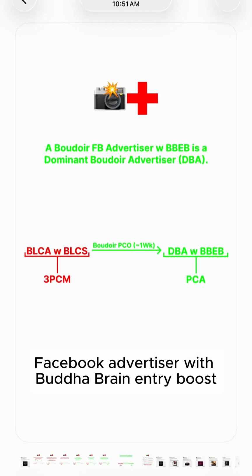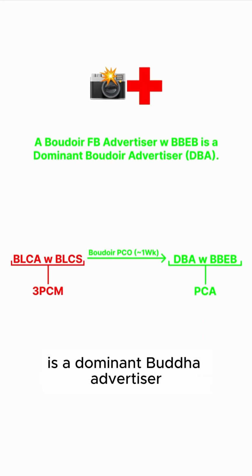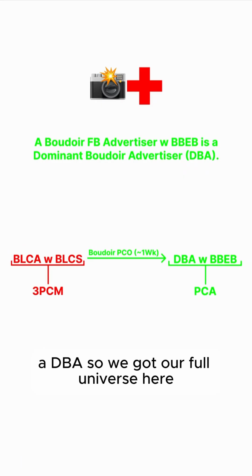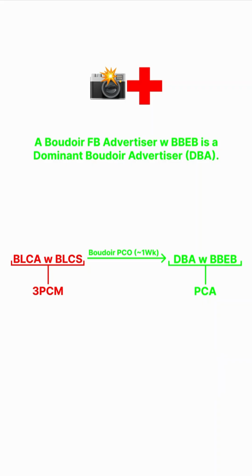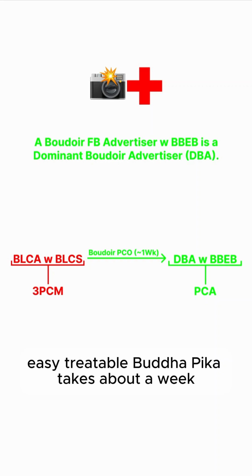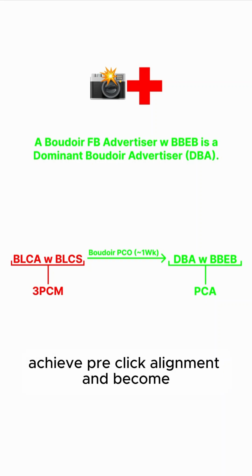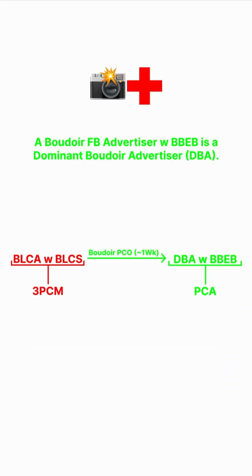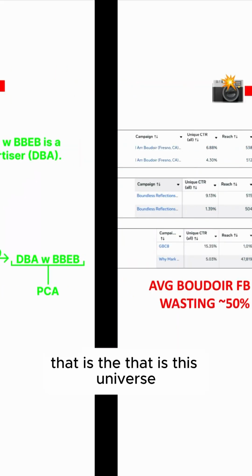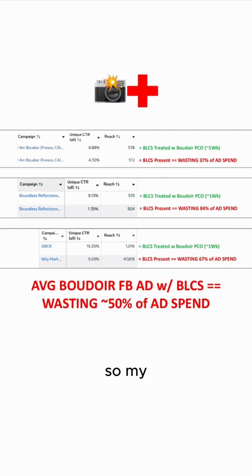And a boudoir Facebook advertiser with boudoir brain entry boost is a dominant boudoir advertiser, a DBA. So we got our full universe here: a BLCA with BLCS is caused by the 3 pre-click mistakes. It's easy, treated with boudoir Pico, takes about a week. Achieve pre-click alignment and we become a dominant boudoir advertiser with boudoir brain entry boost. That is this universe.